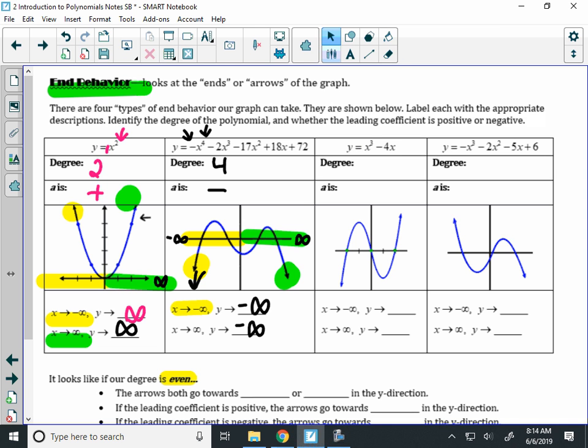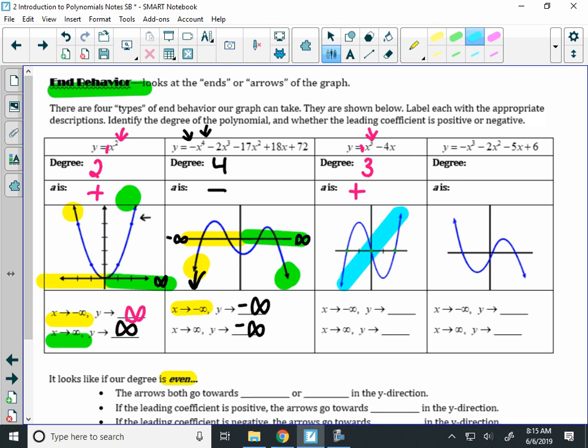Now the degree of the next one. The highest exponent here is 3, so it's called cubic. The leading term is positive. So when you look at your graph here, you should see that it has a positive trend. If you connected the ends of the graph with a line, like I did, the graph is going up, has a positive trend. That's how you know that the leading term is positive.